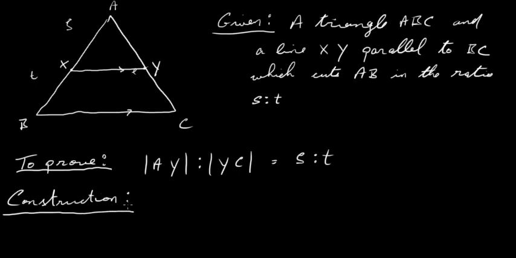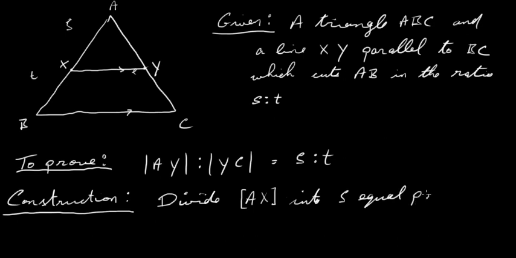So our construction is to divide AX, from here to here, into S equal parts. And also XB into T equal parts.